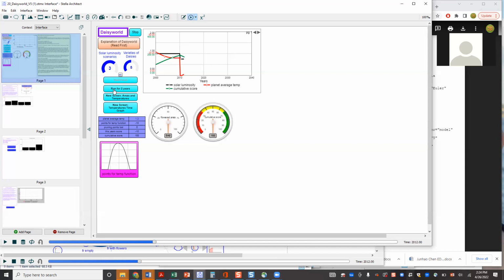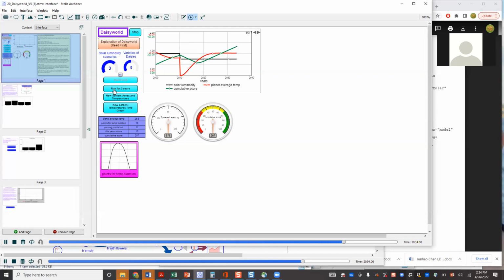And then as we continue to run that, we see the system once again finds a stable condition, in spite of the fact that the light energy coming in remains low. So it's finding a different balance between black and white daisies, but it's nevertheless stabilizing itself. The biology has changed as a result of this change in external forcing, but it has nevertheless been able to regulate its conditions.